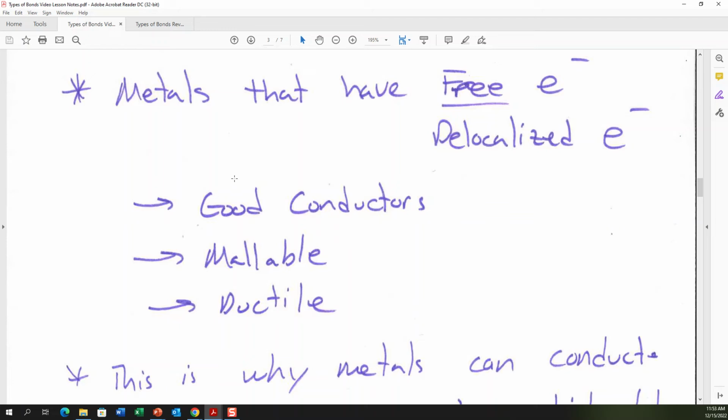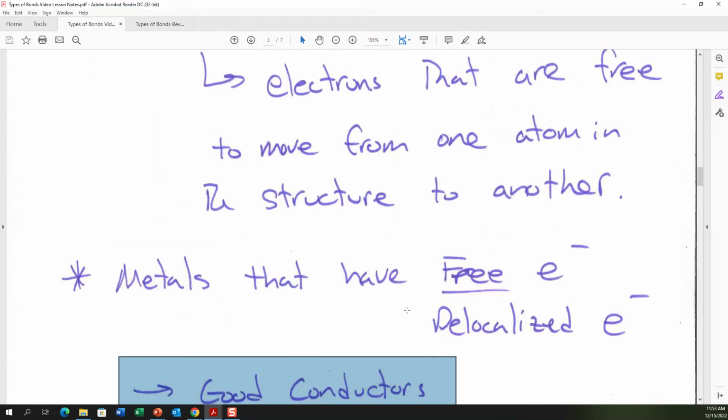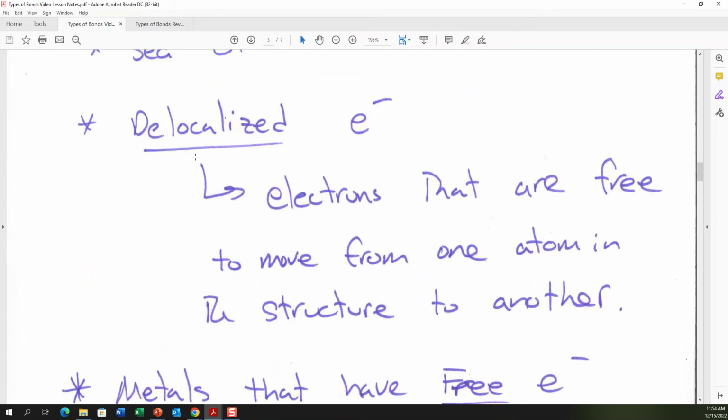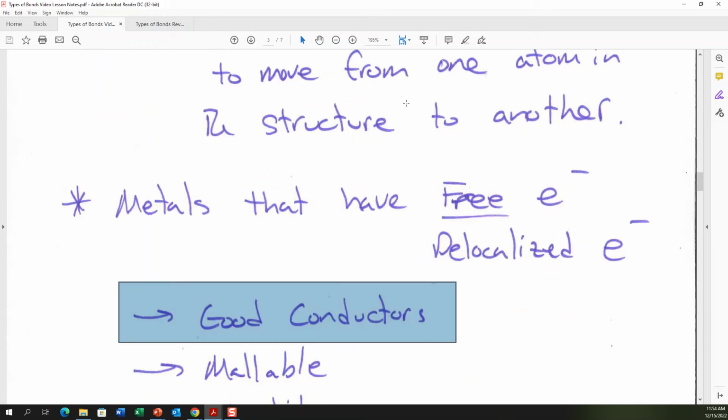All those properties of most metals are due to the fact that they have delocalized electrons. So why are metals good conductors of electricity? Because of metallic bonding. Why are metals ductile or malleable? Because of metallic bonding. Okay, so the definition is delocalized or sea of valence electrons. A sea kind of implies that they're not just in one place. They can move from atom to atom. Okay.